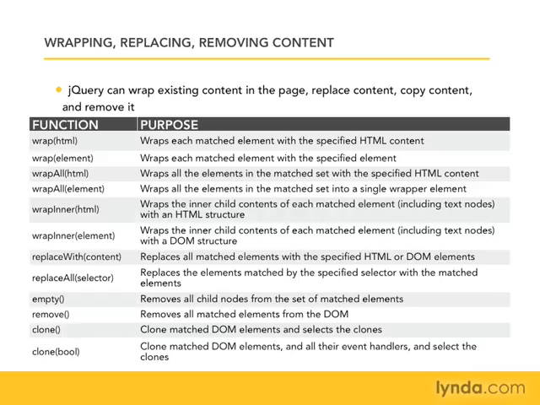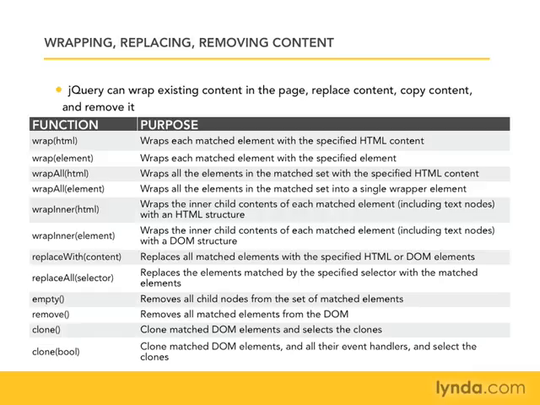Similarly, the wrap element works pretty much the same way. Each one of the elements inside the matched set that this is being called on will be wrapped inside the element that I specify here. The wrap all works pretty similarly, although rather than wrapping each one of the individually matched elements into its own wrapper, it will take all of the elements inside the matched set and place them in either the HTML that I'm specifying here or the element.